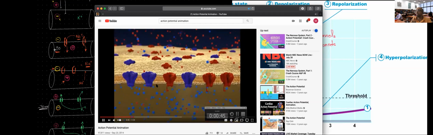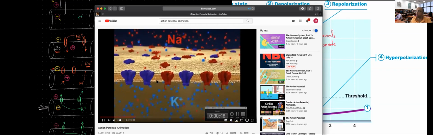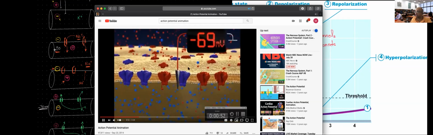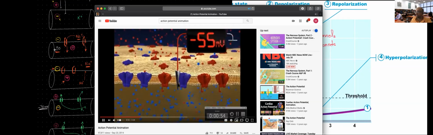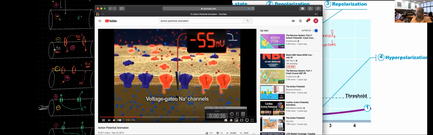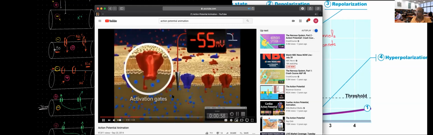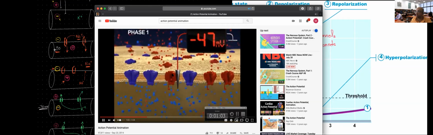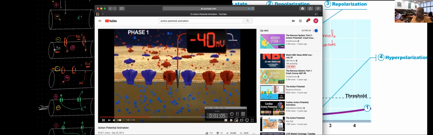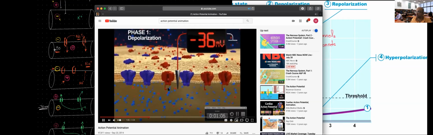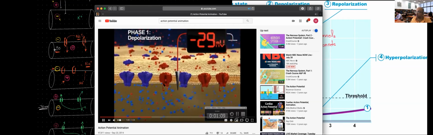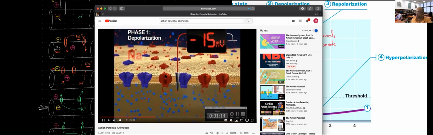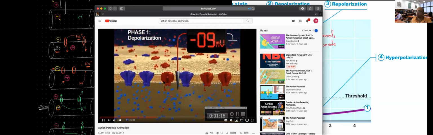They will be activated according to the voltage of the membrane. If we're measuring the difference between inside and outside, we will see that inside the cell, it's going to be more negatively charged. If I've got enough stimulation opening the sodium channels, the sodium is going to be traveling to the inside of the cell, and it will keep opening in a cascade pattern once I reach enough stimulation.